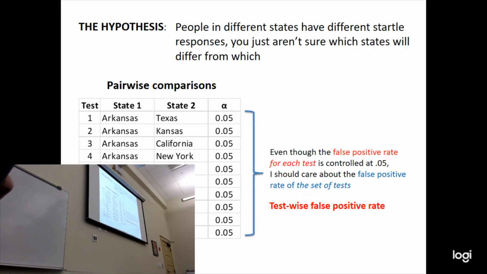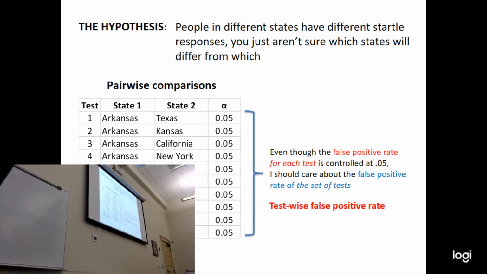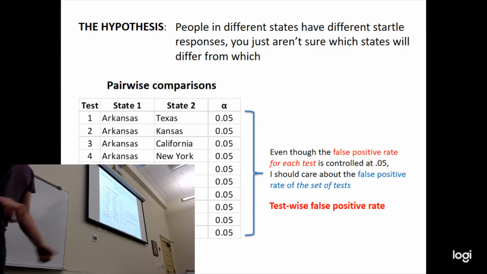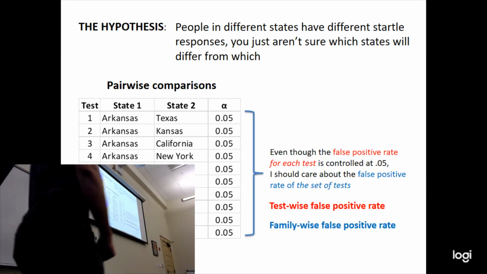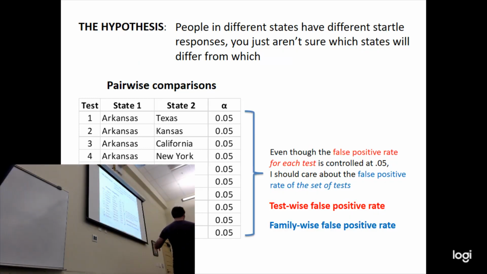This other type of error rate, the error rate of the set of contrasts that might potentially bear on a particular question, is often called the family-wise error rate. Or when we're talking about false positives specifically, the family-wise false positive rate.